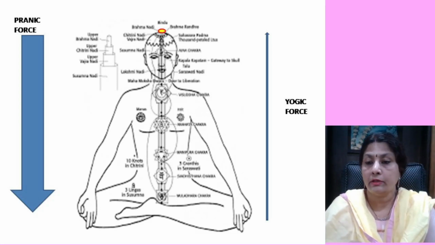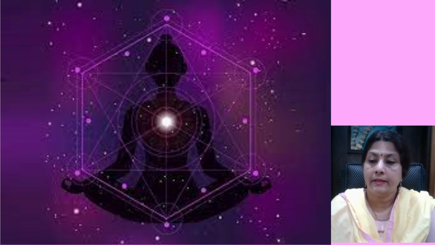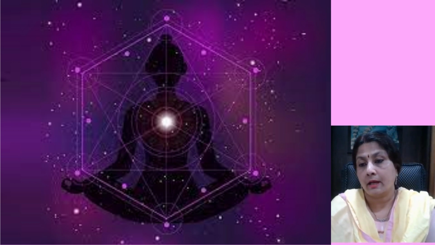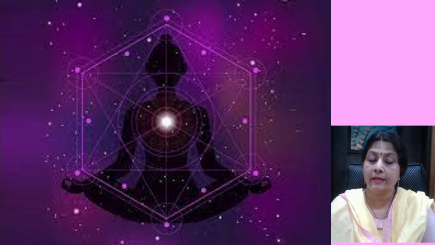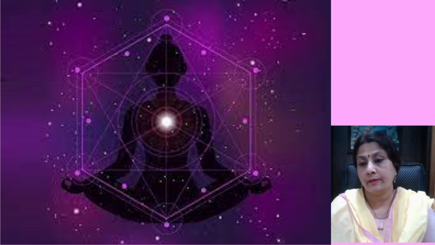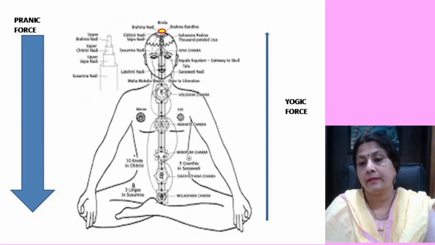And that individual consciousness lies within us in the heart region here. That is the changeless aspect of ours, which is constantly watching over us as we move from one lifetime to another lifetime. The other aspects of us are undergoing changes.